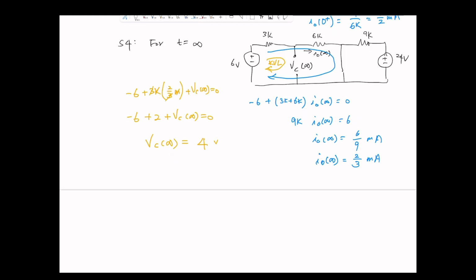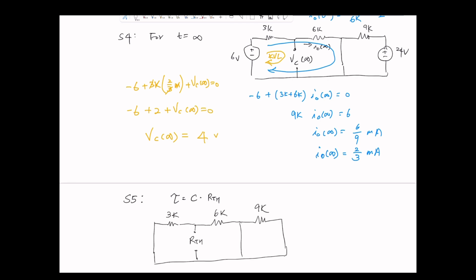Step number 5, we need to calculate the tau. Tau equals C times RTH, so we need to find the RTH first. To find the RTH, we short circuit the voltage source and open circuit the current source, and you place RTH in the exact spot of the capacitor. Again, we have a short circuit here.